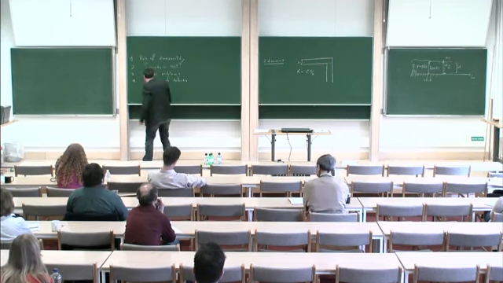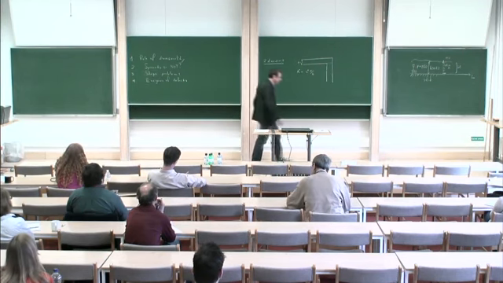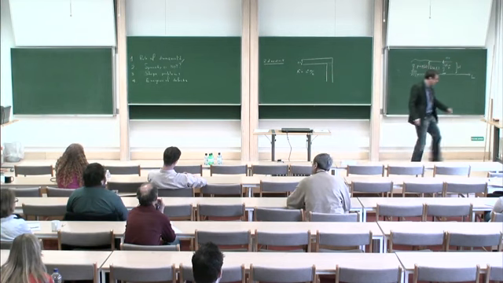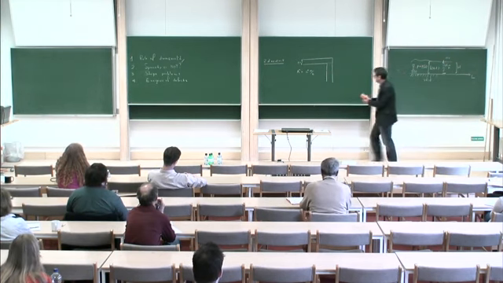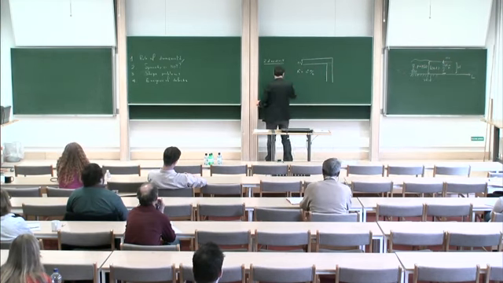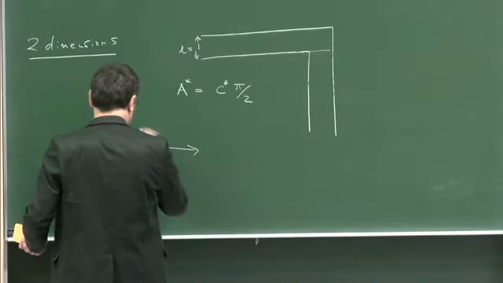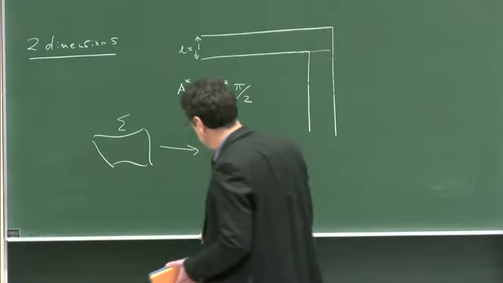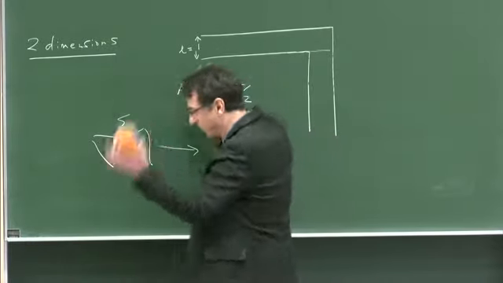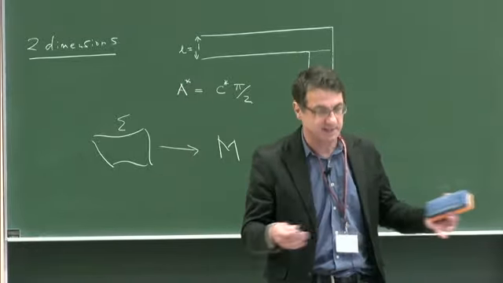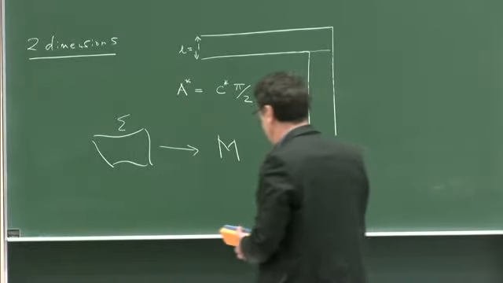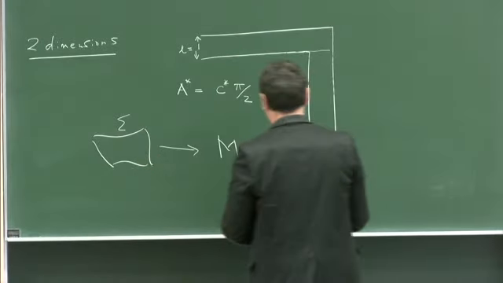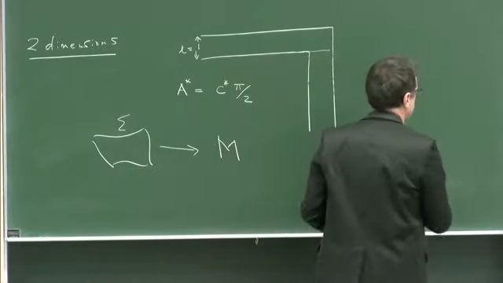I probably won't have time to come back to many details of that, but a membrane, sigma, living in some space, which could be 3-dimensional flat space or something else, has a whole variety of interesting optimization problems. Typically you have some energy that you're optimizing, and you have to determine the shape as well.